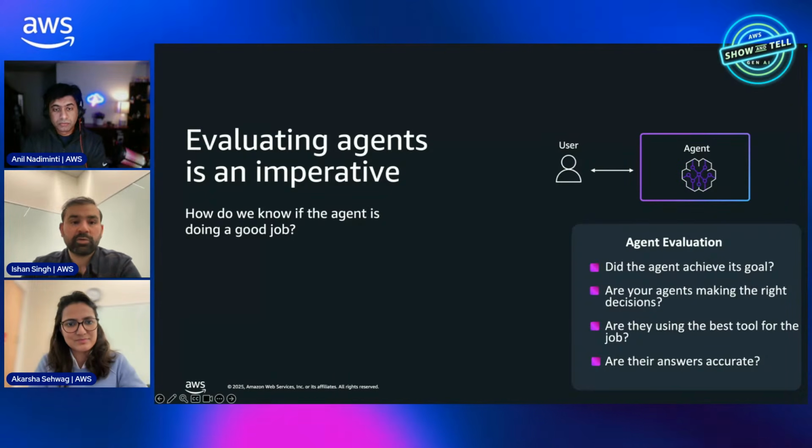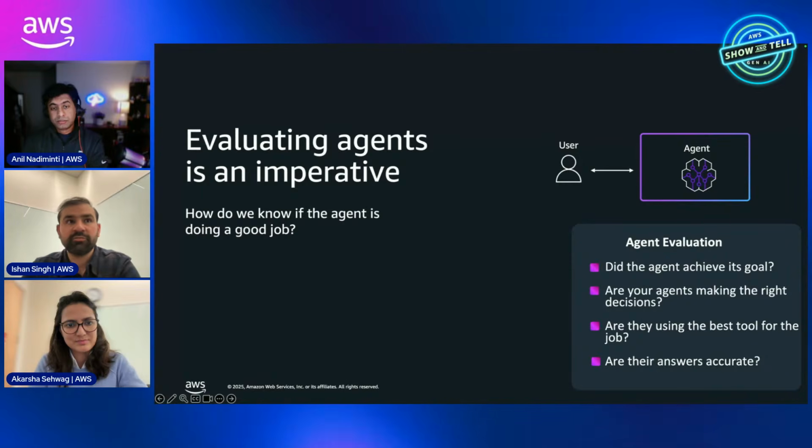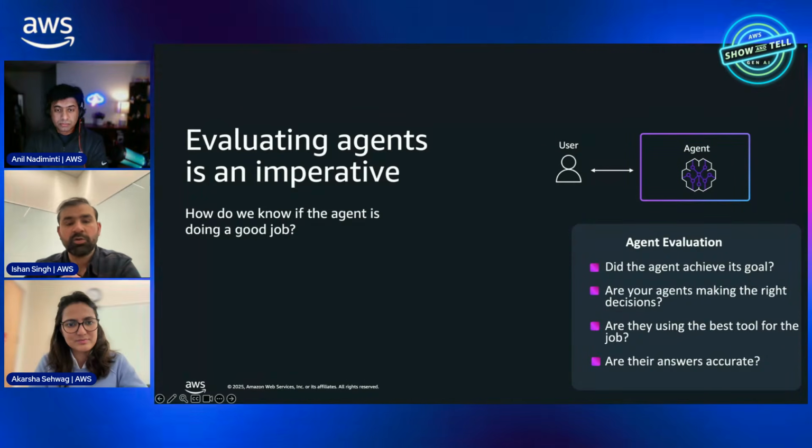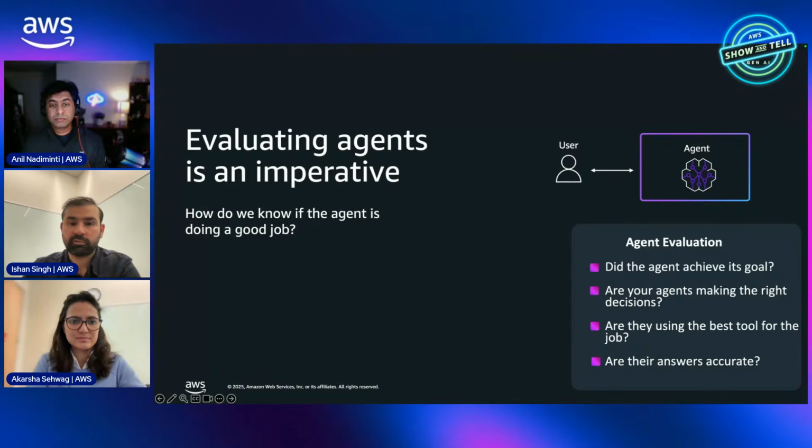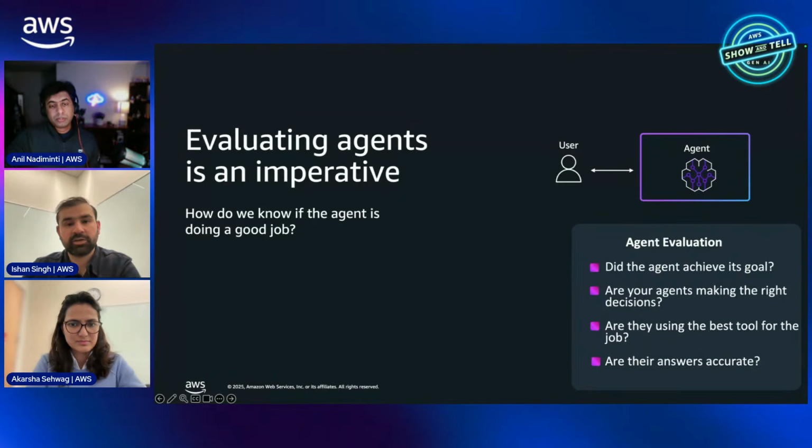For example, you don't need an LLM judge where you are using an API call which always returns a fixed string value. Let's say you're looking up an employee ID. You don't need an LLM judge to verify whether the employee ID was returned or not.